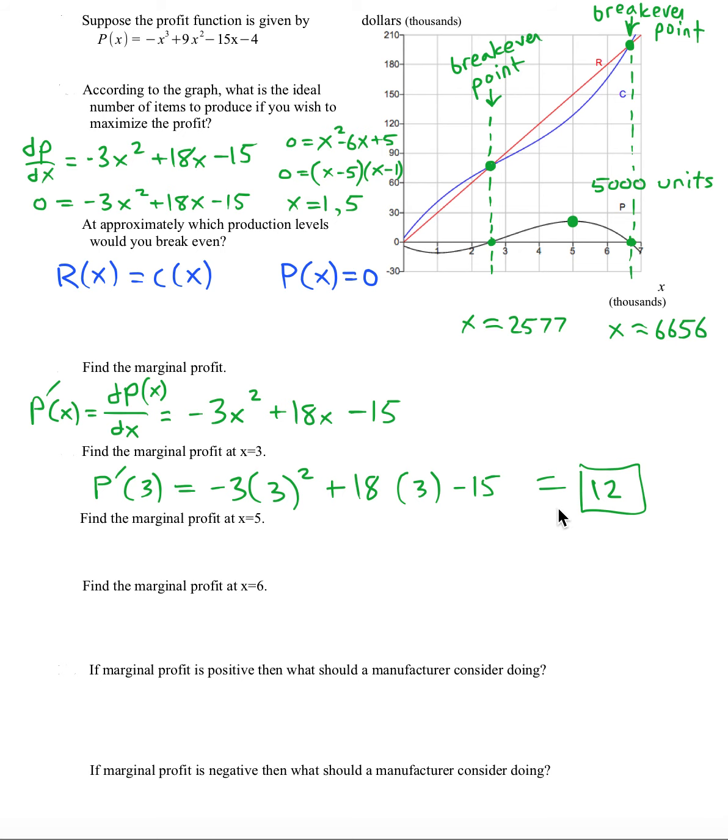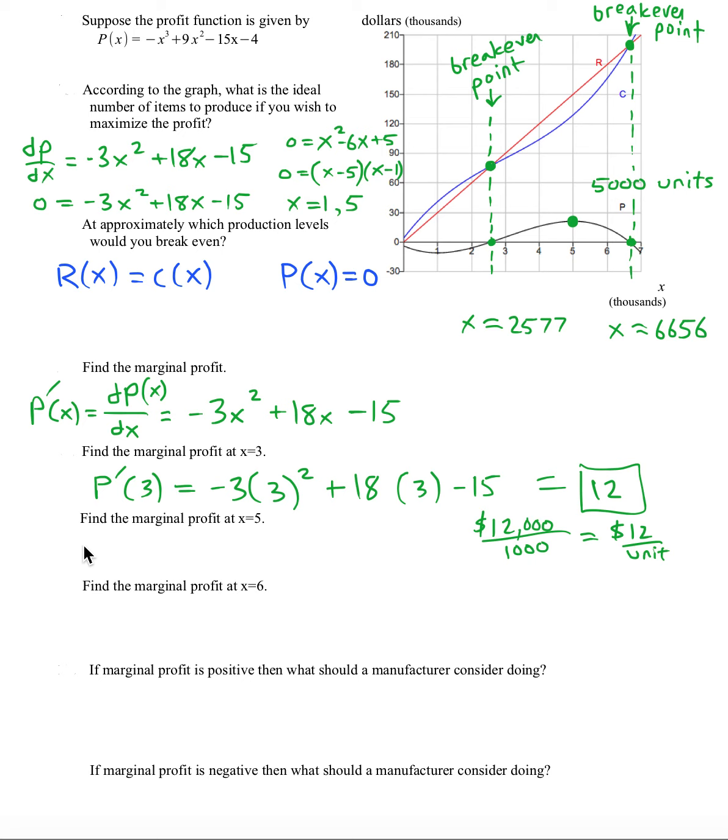So this is $12,000 per 1,000 units, which is actually $12 per unit then. Okay.